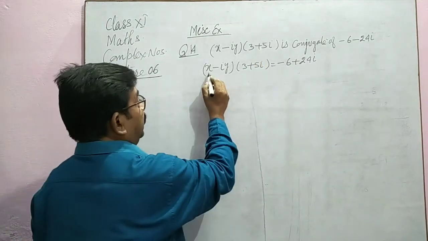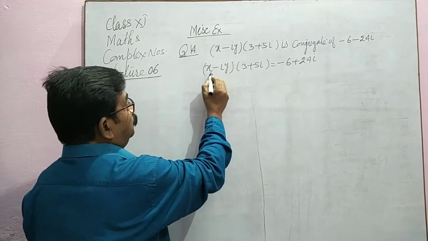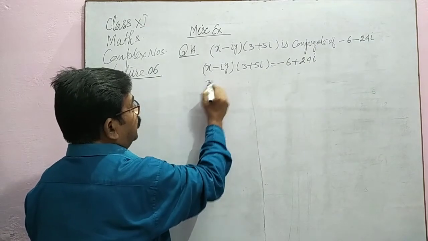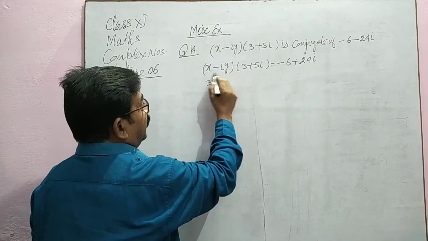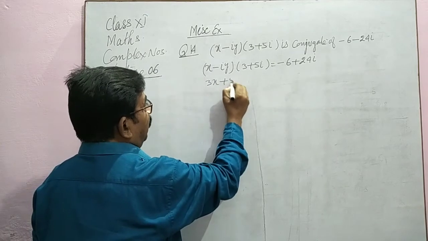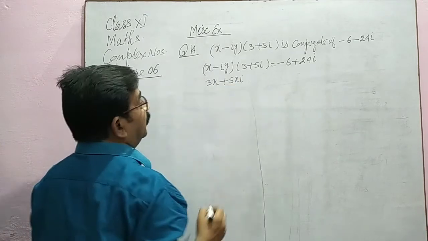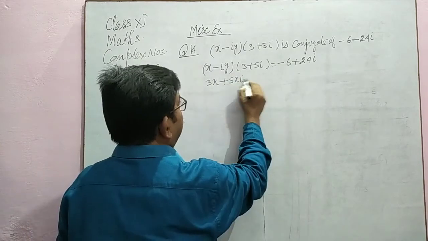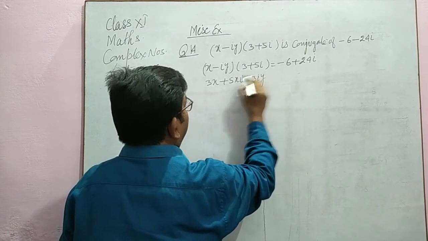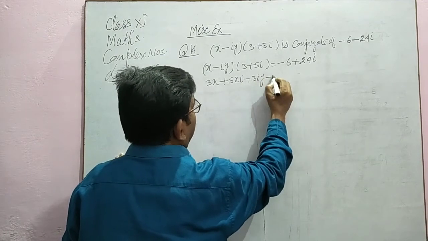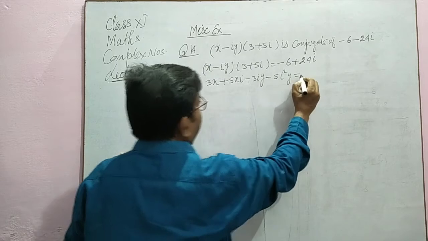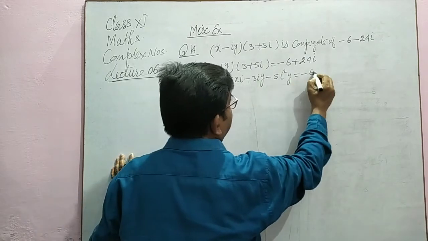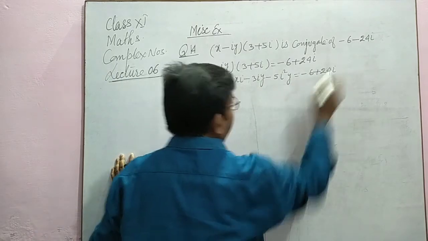I am multiplying. See, we have 3 into x, 3x, 3 into 5, x into 5i, 5xi, here minus 3iy, minus 5i square y is equal to minus 6 plus 24i.